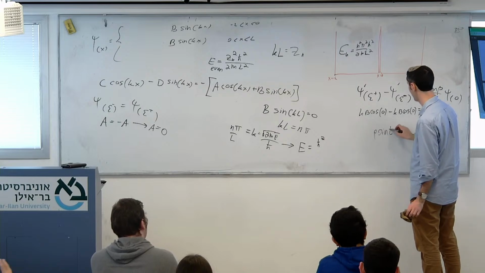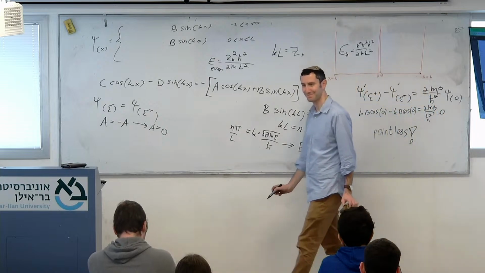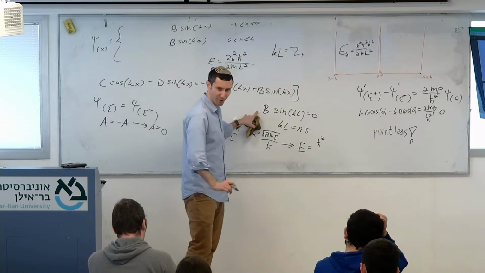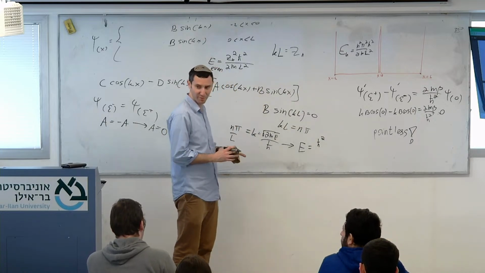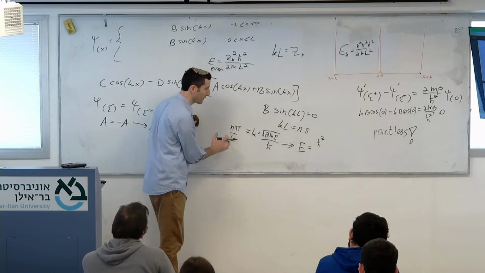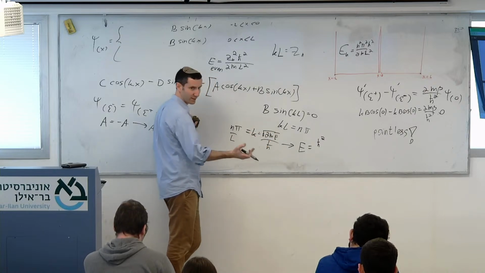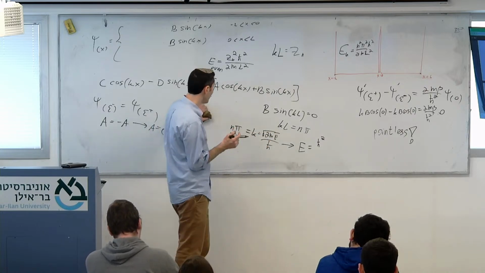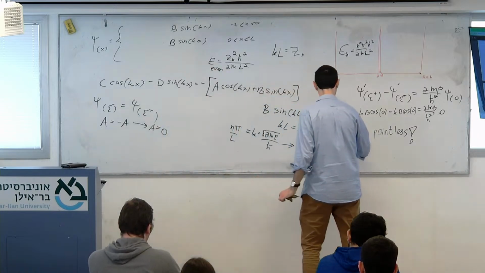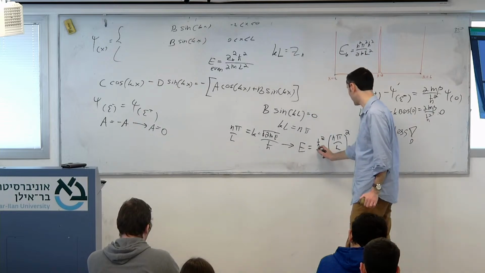We assumed it from the boundary condition on the right. On the right or left, it will give you the same. Therefore, KL is n pi, so K must be n pi over L. I also know that K is the square root of 2mE over h bar. Therefore, I can extract E and say that E is h bar squared times (n pi over L) squared divided by 2m.